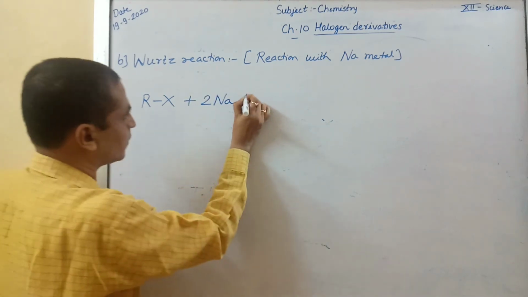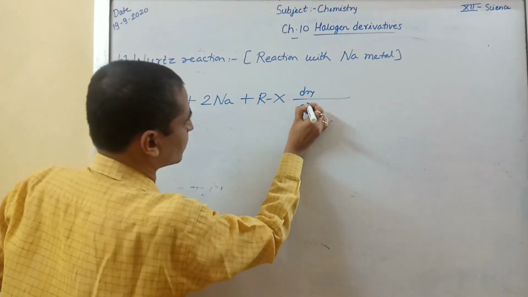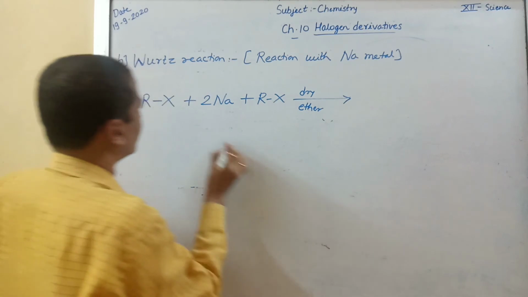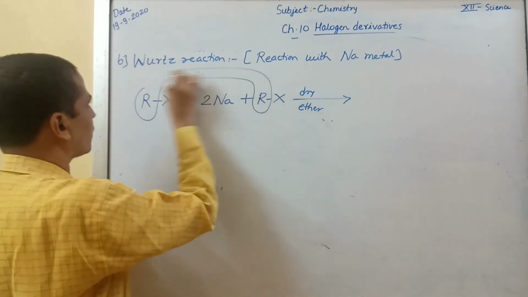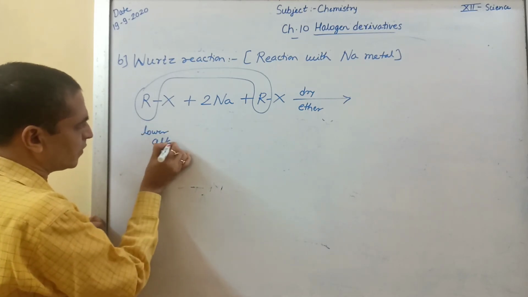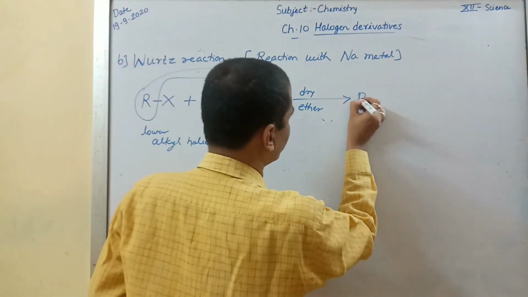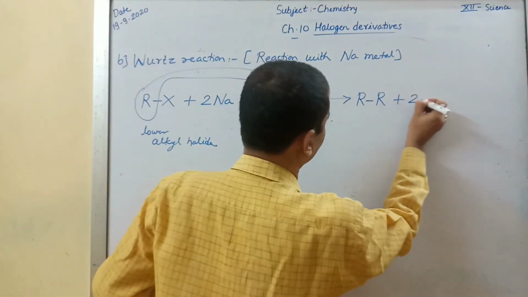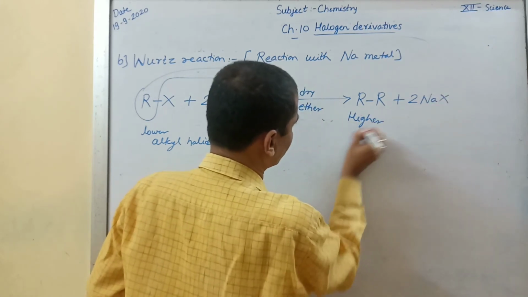Sodium metal in presence of dry ether, what happens here? This R combined with this R. This alkyl halide is the lower alkyl halide. In this reaction, lower alkyl halides are converted into higher alkane, plus 2NaX.